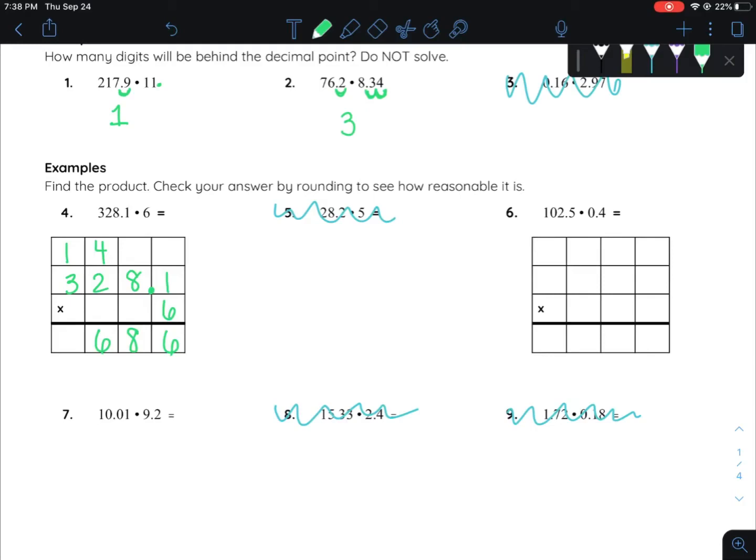Add the 1, 19. Now, double check how many decimal digits do we need. Just the single one here. So in our answer, we'll just have one single decimal digit behind the decimal point.